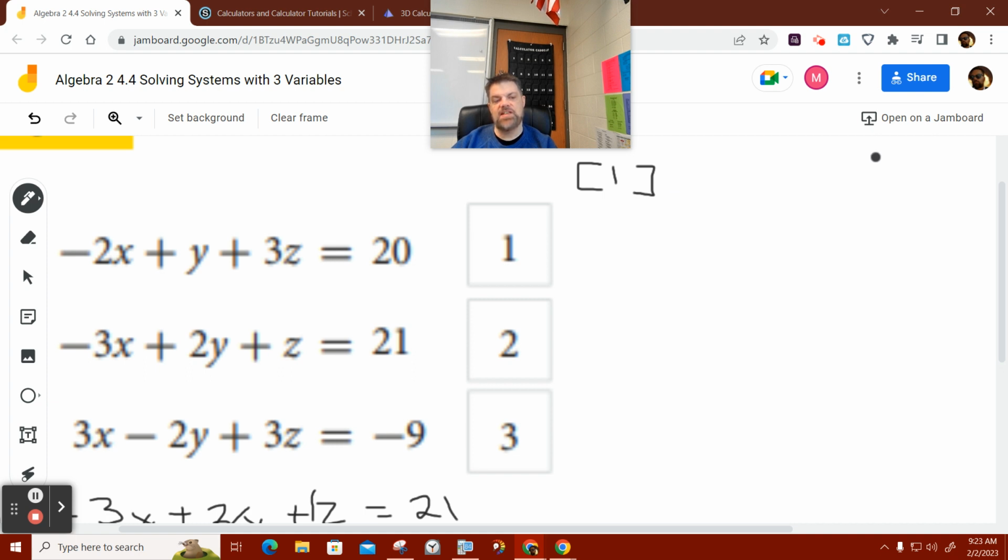I want to isolate the y. So if I take equation 1, which is negative 2x plus y plus 3z equals 20, okay? Well, if I plug in the value for z, I have an x and a y.